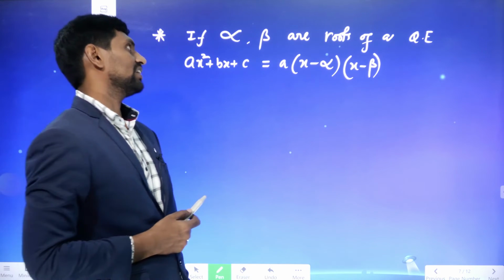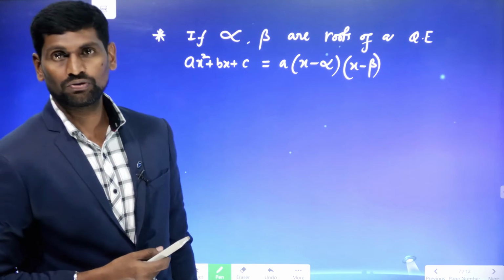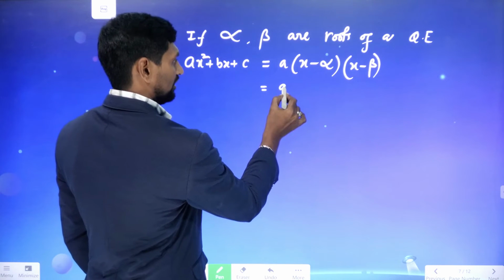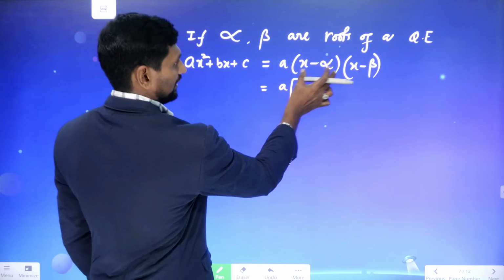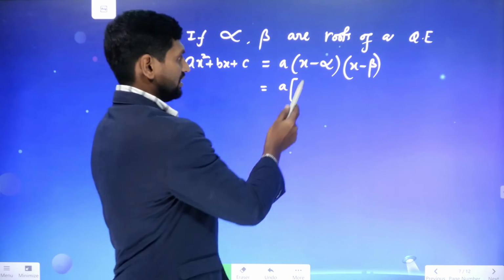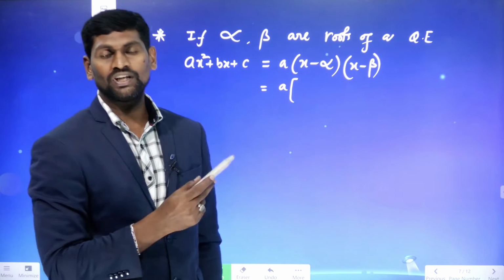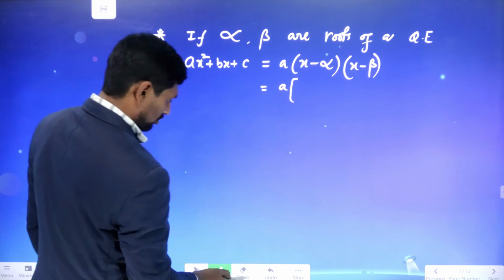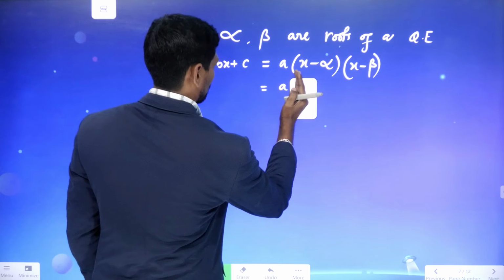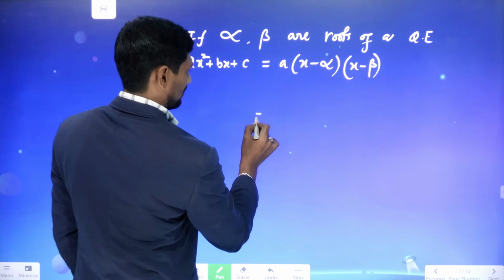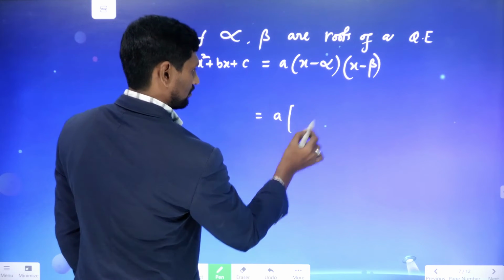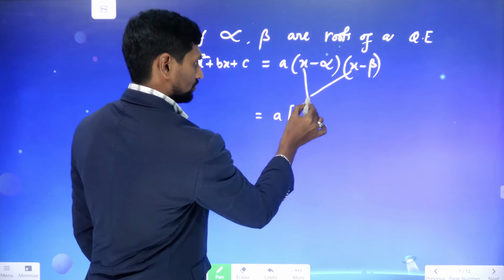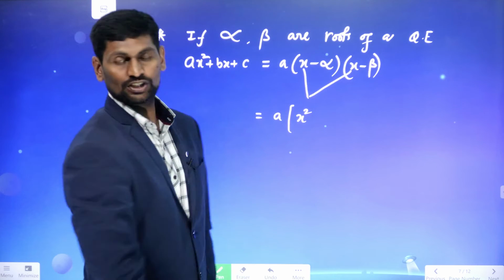How is it coming like that, for getting the sum of roots and product of roots? Let us see that. I am leaving a like that. These two bracket terms are binomials. Now multiply: x into x is x square.